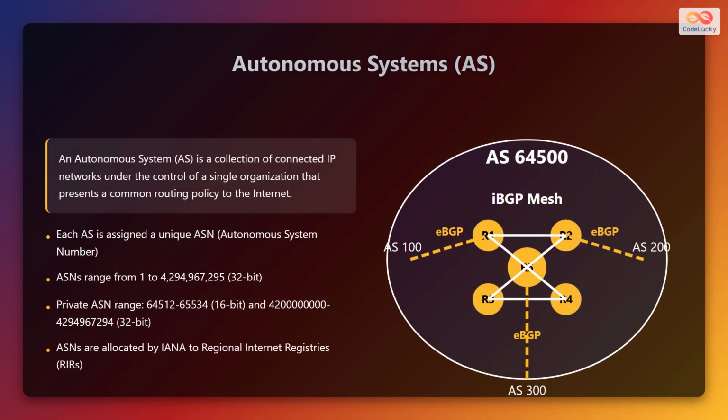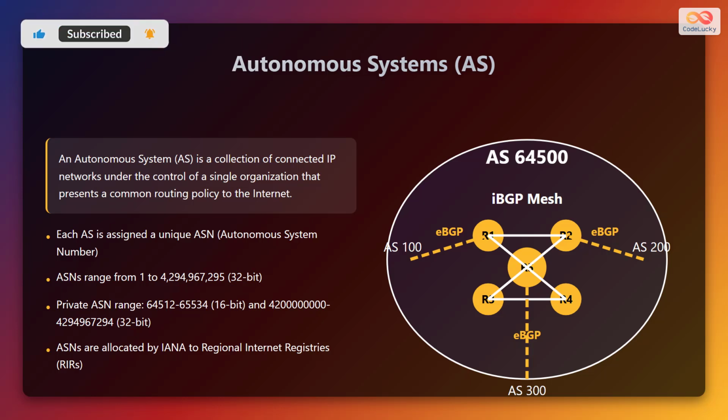An autonomous system, or AS, is a collection of connected IP networks under the control of a single organization that presents a common routing policy to the Internet. Each autonomous system is assigned a unique ASN, or Autonomous System Number. These numbers range from 1 to 4,294,967,295.